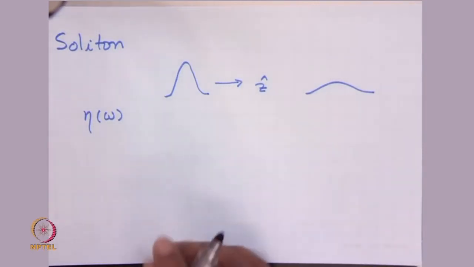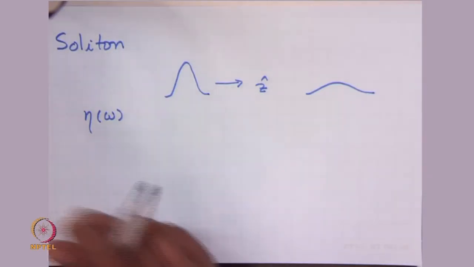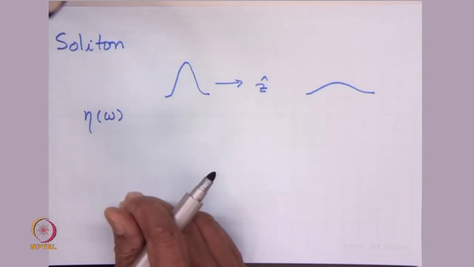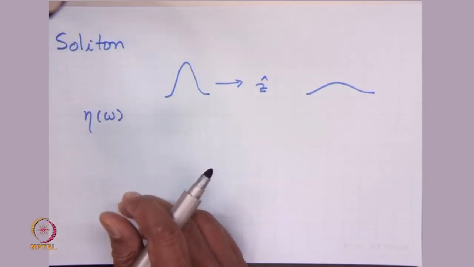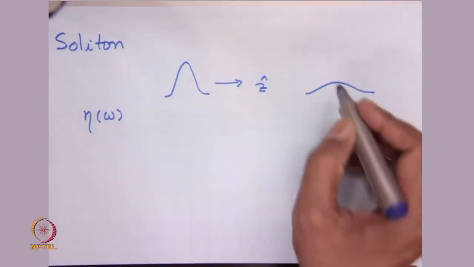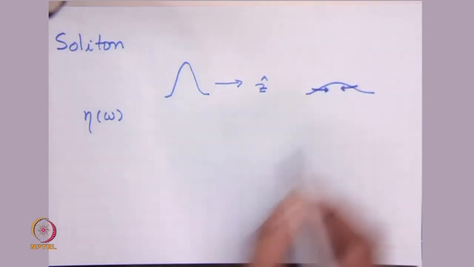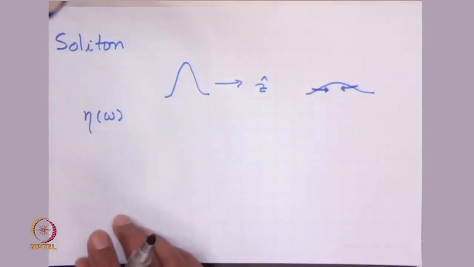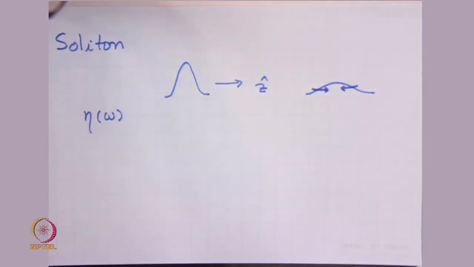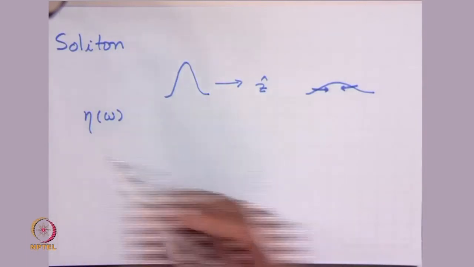Now when the pulse broadens, the intensity falls down. So it is always desirable to counter this effect. We have just seen that the nonlinearity has a tendency to converge energy in the regions of higher intensity. In this case also, nonlinear effects will have a tendency to converge energy from here to here and bring it from here to here, and hence to retain the original shape of the pulse. So if you choose a laser intensity of proper value, then you can avoid the pulse distortion.